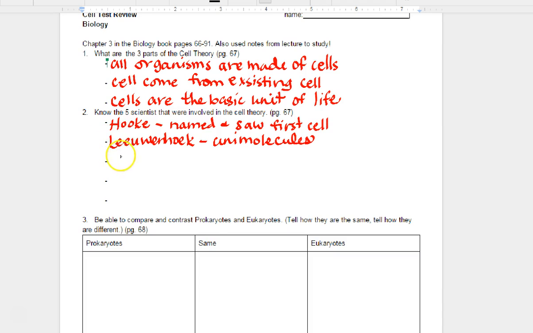Okay, Schleiden was the next one, and he was known for finding plant cells. And then we had Schwann, and he did animal cells.